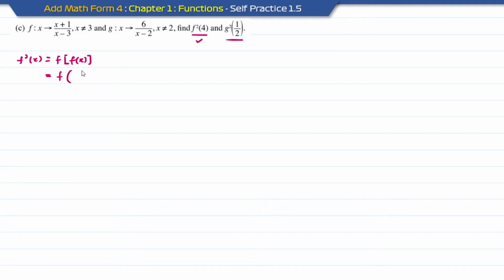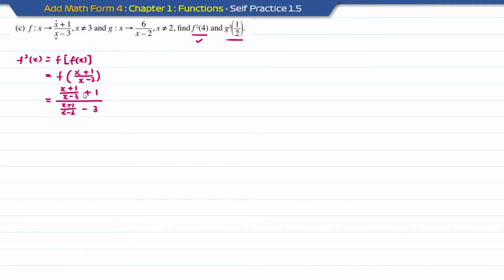The function f is x plus 1 over x minus 3. This is the one that we're going to insert into the function f in the x here. So we're going to have x plus 1 over x minus 3, plus 1, over x plus 1 over x minus 3, minus 3.